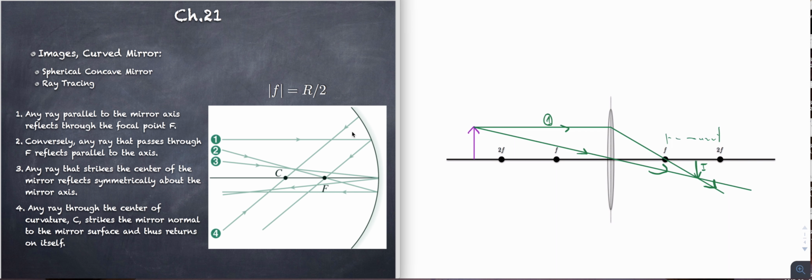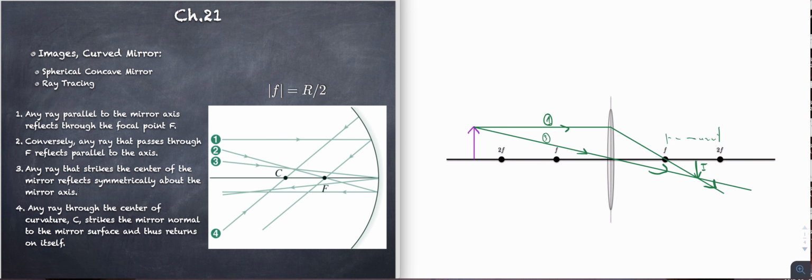Okay, and then, actually, I'm sorry, what I drew here was 3, so this is 3. Any ray that strikes the center of the mirror reflects symmetrically about the mirror. So 3, any ray that goes through the center of the lens is undeflected. That's all that means.